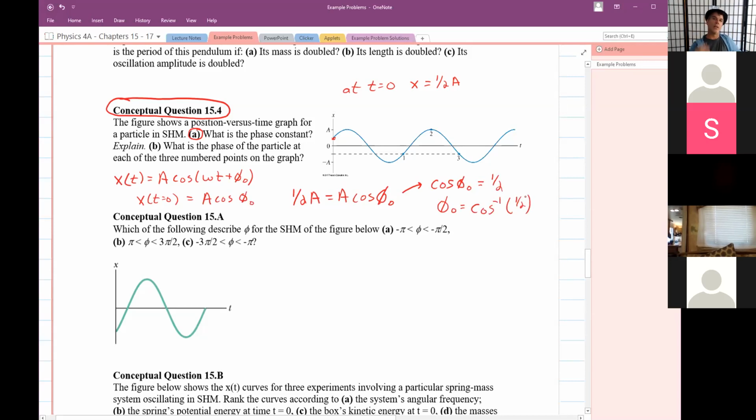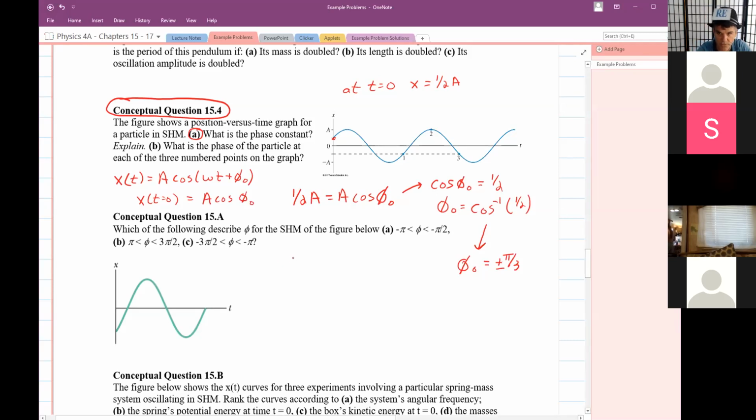Now here's one important thing that I don't see a lot of books describe in detail. If you plug this into your calculator, what your calculator is going to give you is the phase angle is pi/3 radians. But the actual answer is plus or minus pi/3, and you need to figure out which one it is.